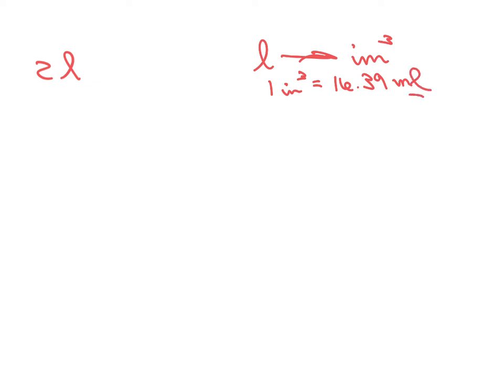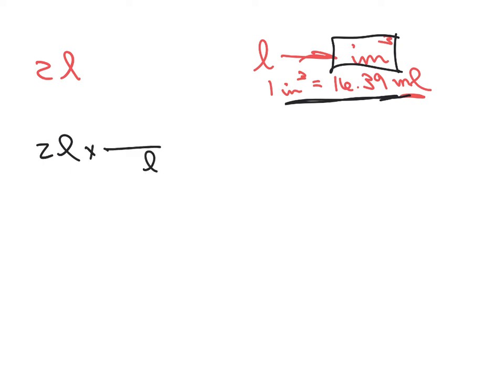And a milliliter is a small unit that takes 1,000 of them to make a liter. So let's write down what we've got here. We've got 2 liters and we're changing it to cubic inches using this as our conversion from metric to the English system.